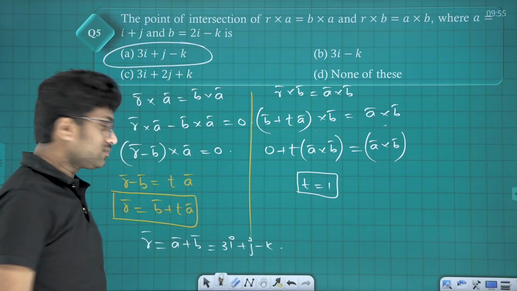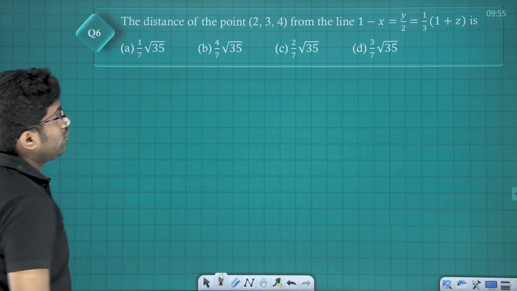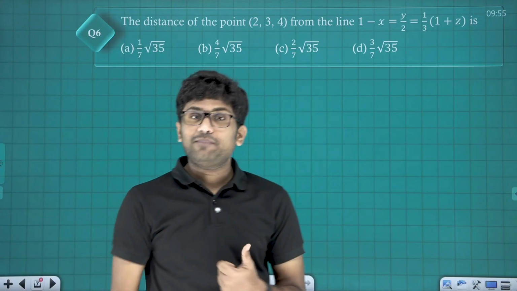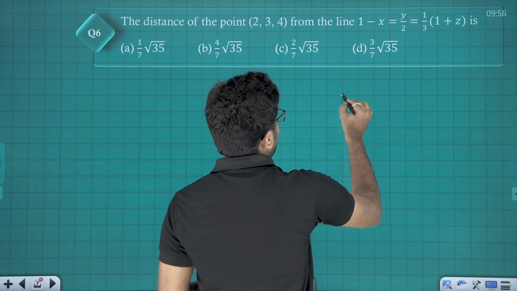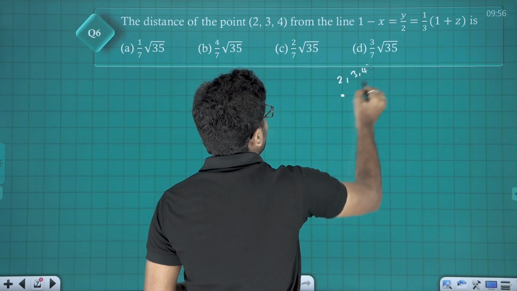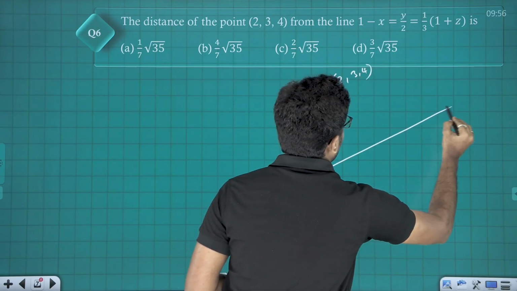Clear? Next question. The distance of the point 2, 3, 4 from the line. Just now we have discussed projection, no friends. The same type, but it is given in Cartesian form. So in this question, they said the distance of the point 2, 3, 4 from a line. Now there is one line.